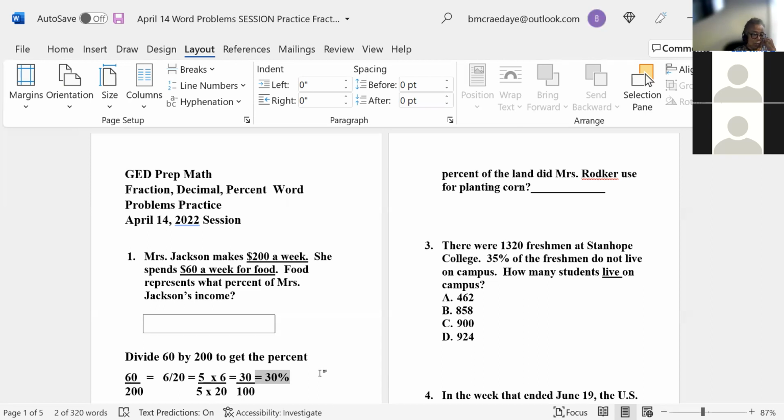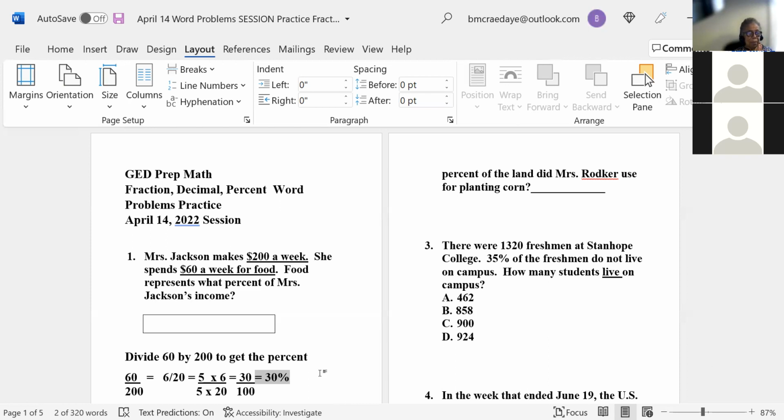There are different ways of doing it, but you can do it with mental math. You can say 60 over 200 is 6 over 20, make my 20 into 100 by multiplying by 5, multiply my numerator by 5, that's 30, that's 30%. Questions on number 1?